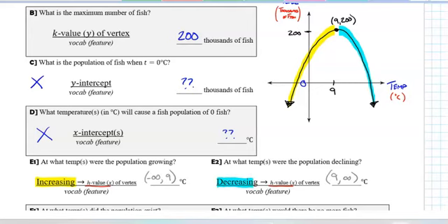Using interval notation from a previous unit, we can say that the graph is increasing from negative infinity degrees Celsius to 9 degrees Celsius, and then begins decreasing from 9 degrees Celsius all the way up to positive infinity degrees Celsius.